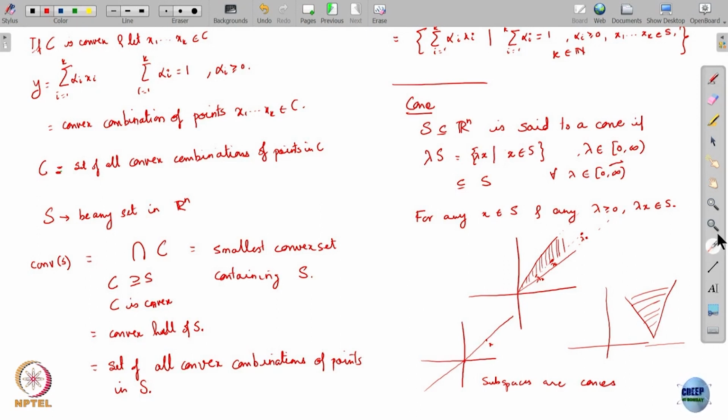So, I am not allowing for lambda negative here. So, I am not scaling in the opposite direction here, right. So, what that means is a set that looks like this, say just a ray like this, is also a cone, okay, although this is clearly not a subspace.